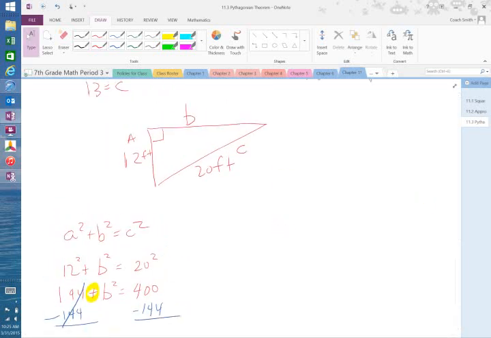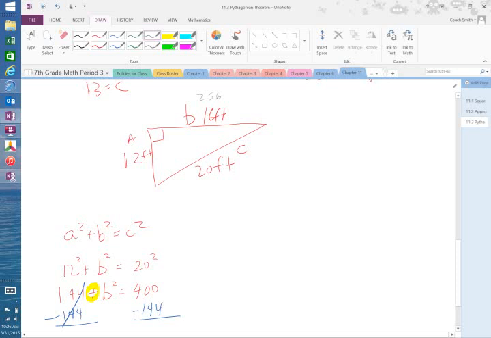Now, obviously, if you forgot to do the square root, and you said this side's 256 feet, really? No, it's not. You still have to be logical. Remember, talking about triangles, the two sides, A and B, the legs, will always be smaller than the hypotenuse.